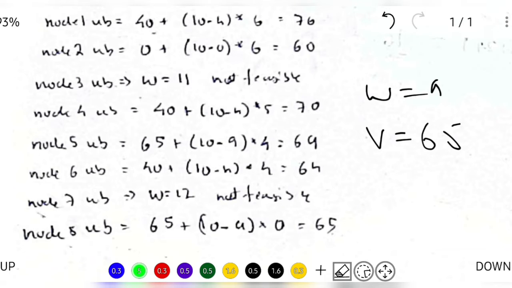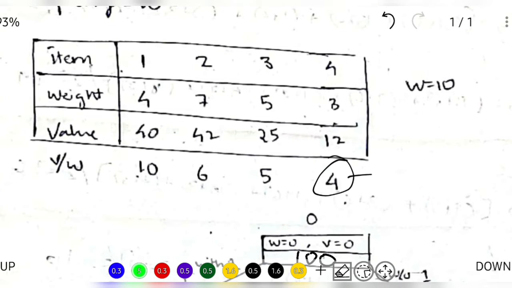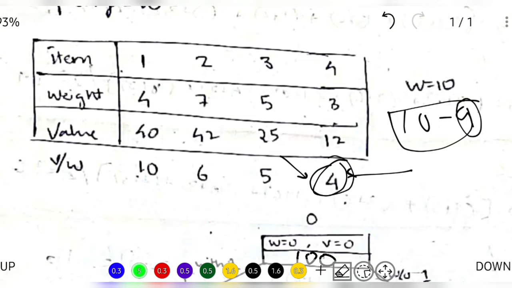Okay, since we have included object 3, now we'll be using these values in the equation. 65 plus 10 minus 9, 9 is used, so 1 kilogram is left, into the ratio of the next object. Okay, it is 4. See here, it is 4. For 1 kilogram I'll get 4, and I have only 1 kilogram left, which means 10 minus 9, 9 is used, so only 1 kilogram is left, and if I include that with this one, I'll get the total profit as 4.